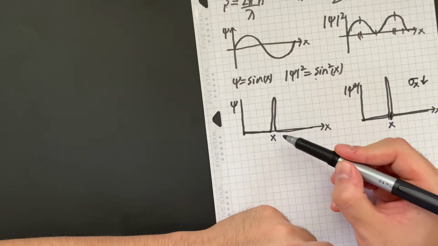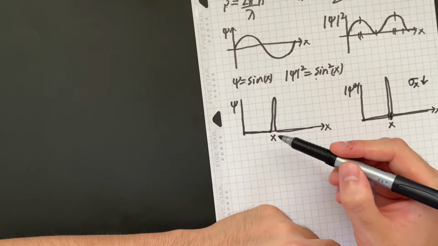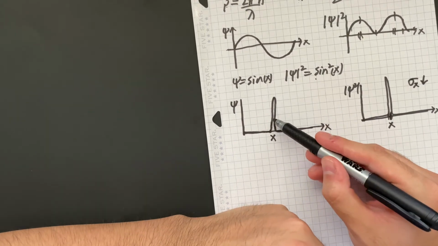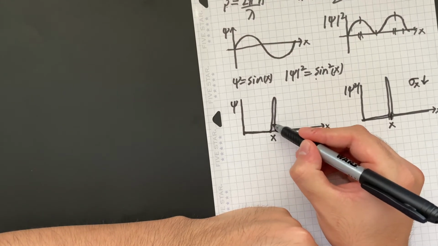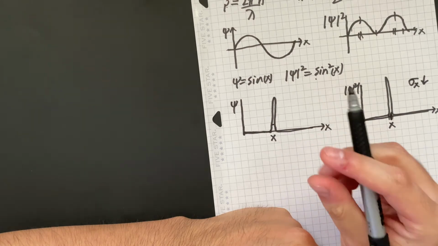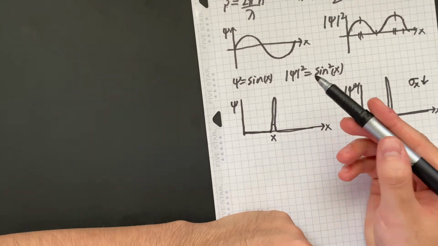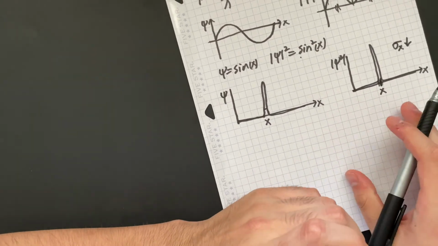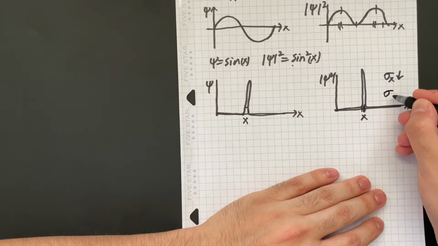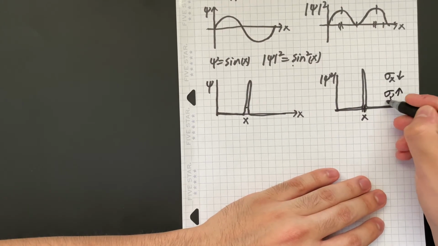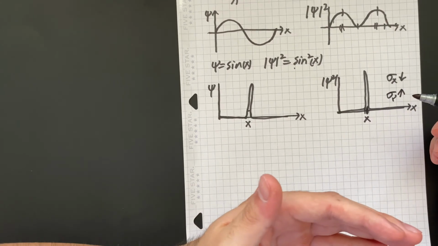This is a weird wave, isn't it? If it's a true delta function, there is no wavelength because there's no gap. Maybe there's a tiny little wavelength right here, but that means we have complete uncertainty in the momentum. So our uncertainty in the momentum goes up. We have no idea what the wavelength of this could be.